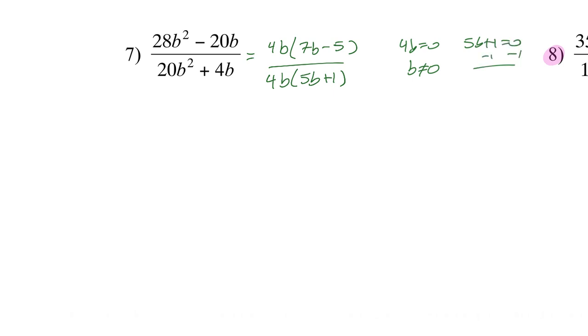So minus 1, 5b equals negative 1, and divided by 5. That means that b equals negative 1/5. And now I can cancel out the 4b and the 4b, and so I have 7b minus 5 divided by 5b plus 1. Again, remember that I cannot cancel those b's or those 5's. Why? Because my grouping symbol goes first. In this case, this is a grouping symbol, and this is another one. So I cannot cancel anything else.